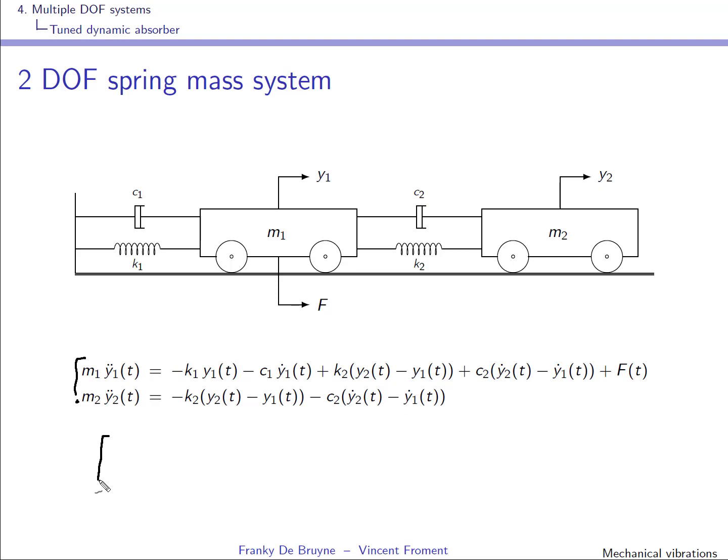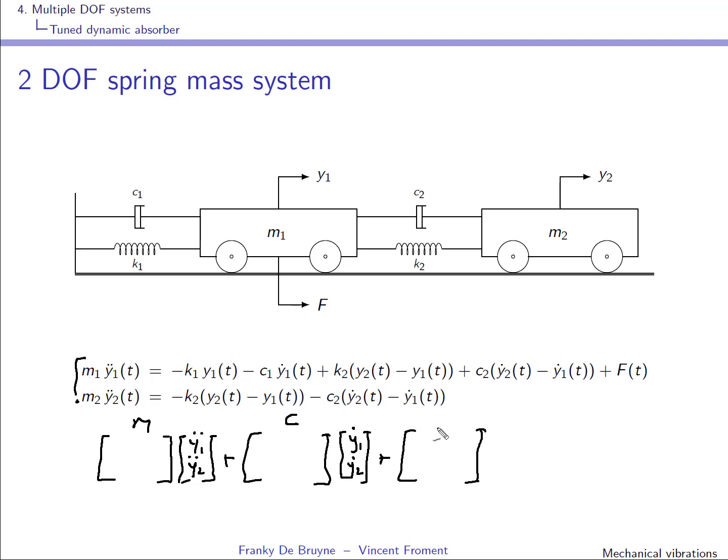You have to write it as a matrix M times y1 double dot, y2 double dot, plus another matrix C times y1 dot and y2 dot, plus a matrix K times y1, y2, and this is equal to the external forces acting on each of the masses, and on this one it's F, and here we have nothing, right?